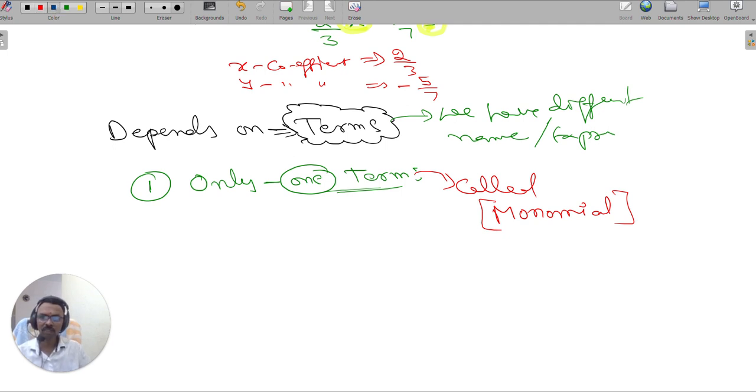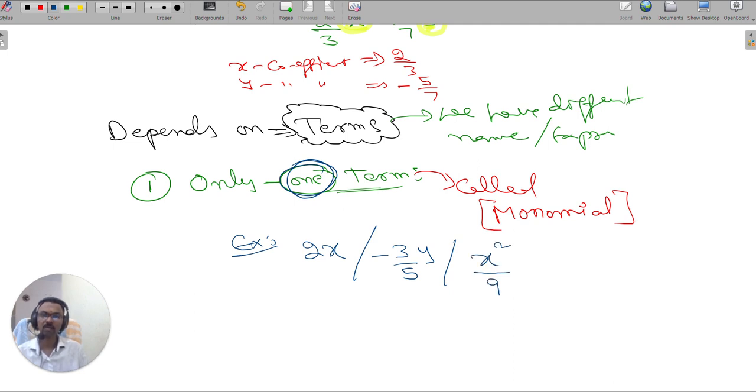Only one term, that means 2x, or minus 3 by 5x, or y, or maybe x square by 9. Only one term. There is no addition or subtraction separating the terms. These are called monomials.